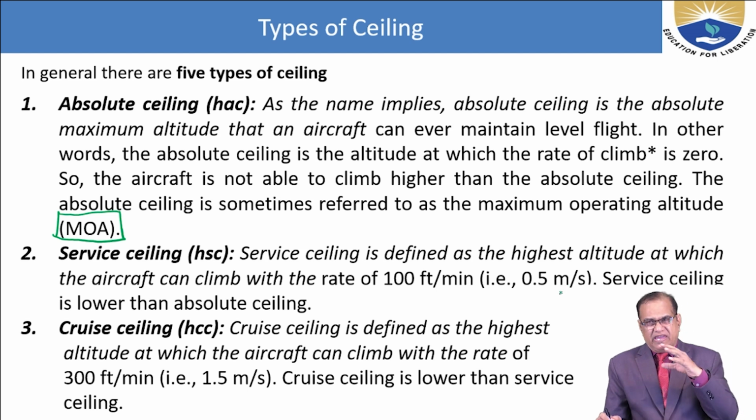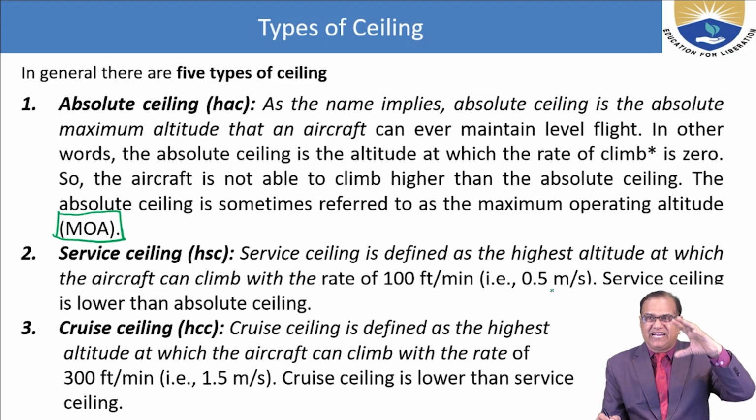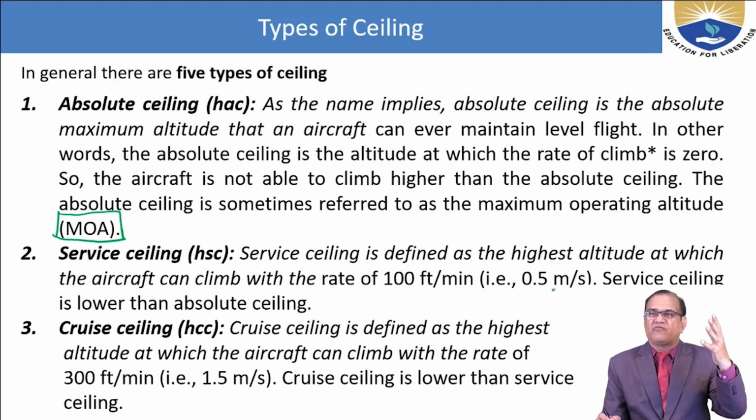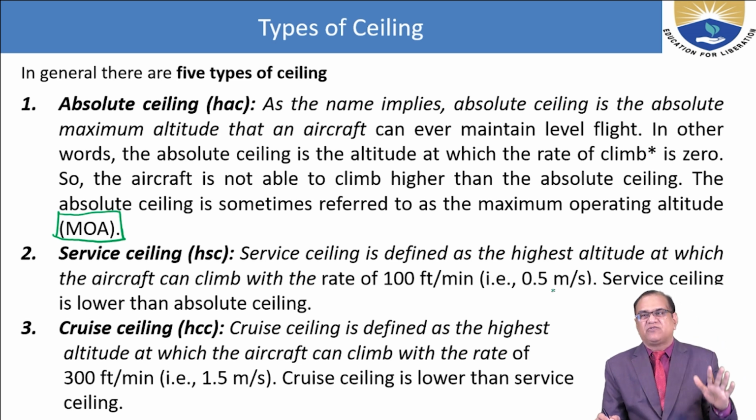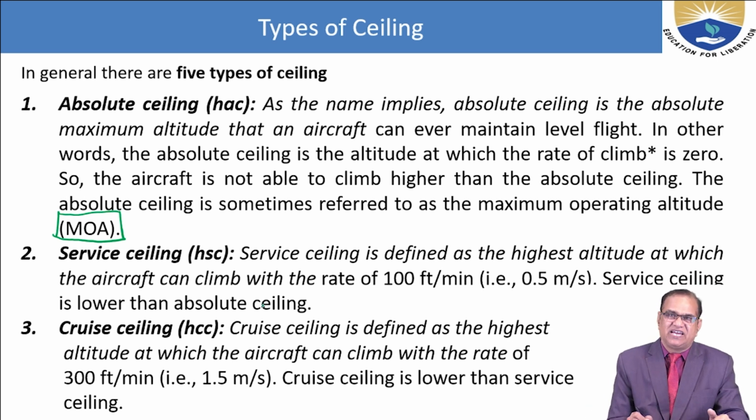So if the aircraft can go to a certain height, and at that height the rate of climb is 100 feet per minute or 0.5 meter per second, we say that it is the service ceiling altitude, and this service ceiling altitude is less than the absolute ceiling.